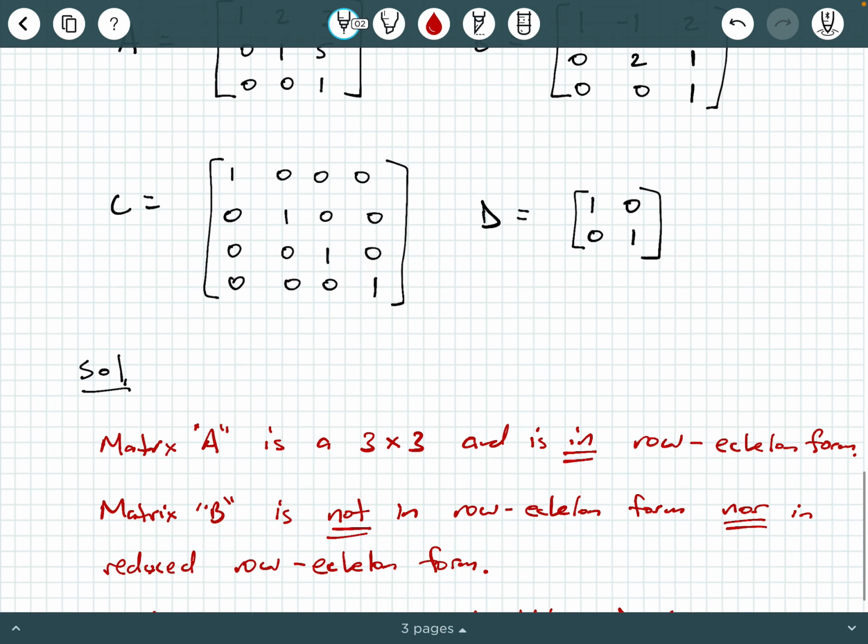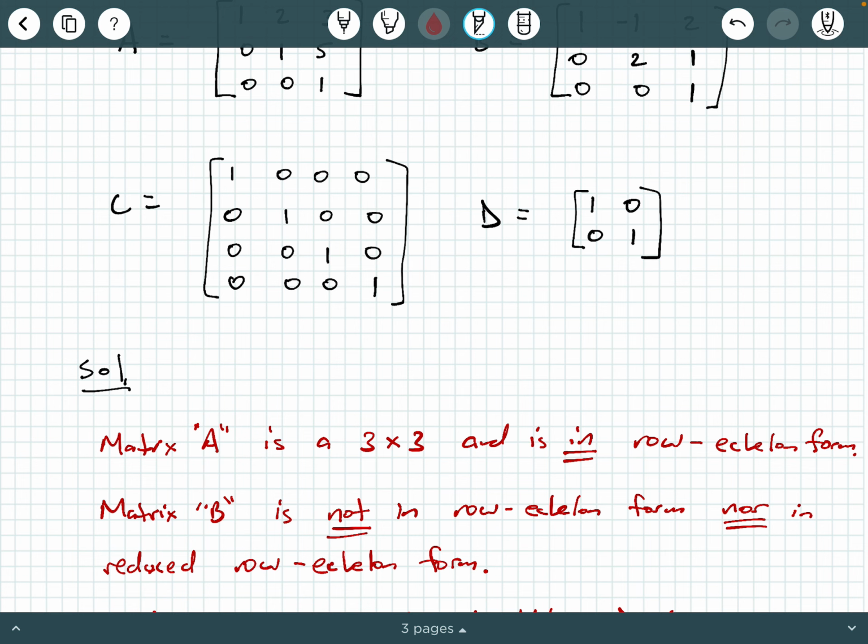Okay, and how do we know? Well, again, we have the main diagonal is all 1s, and the upper and lower triangles in each of these are all zeros. Even though D is pretty simple, it's a 2 by 2, it's still in reduced row echelon form.